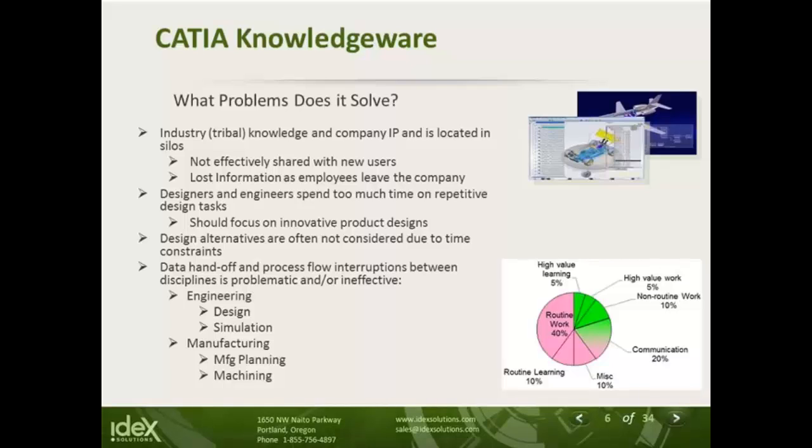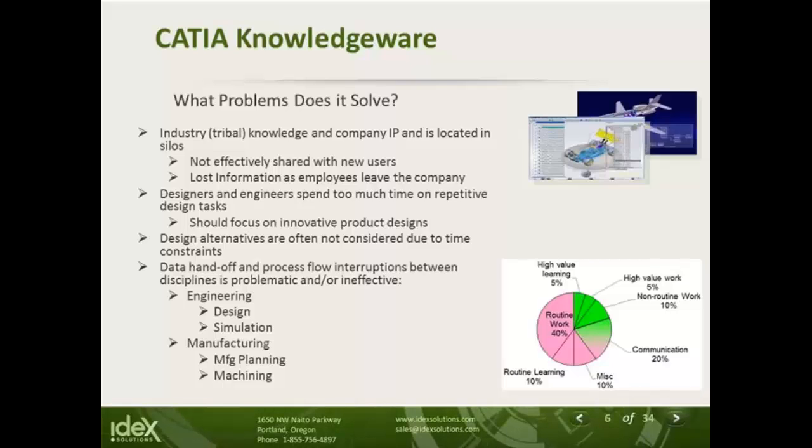Data handoff and process flow interruptions between disciplines is problematic and/or ineffective. And it's not just the handoff and flow, but also sharing design rules, templates, and methodologies across the various disciplines.